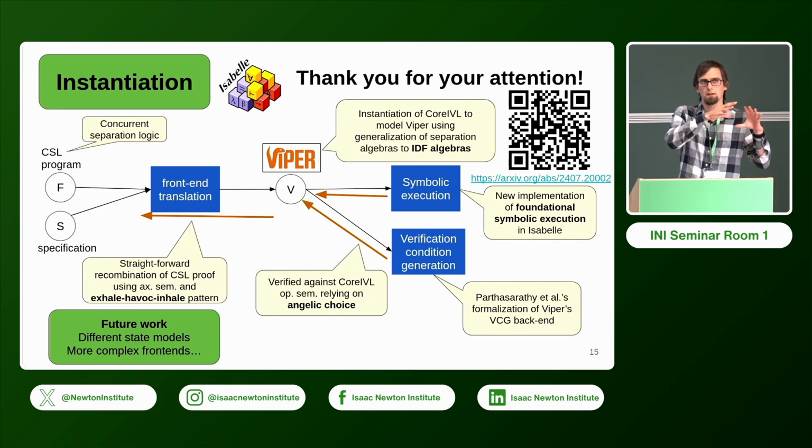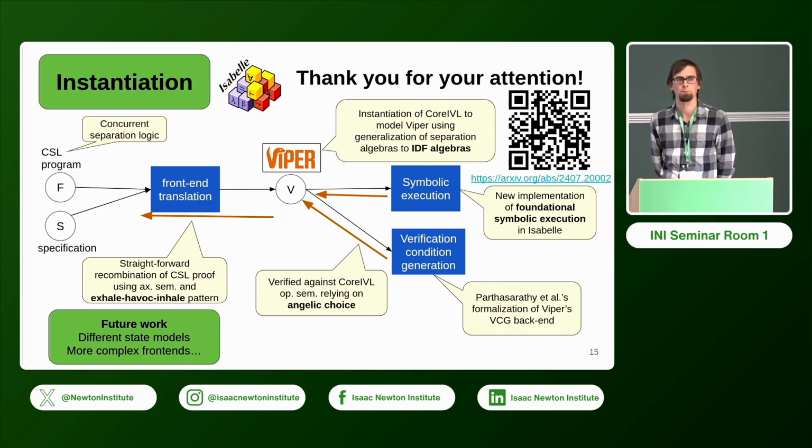If you would like to encode reasoning about unsafe Rust code, where you then want to encode something like the lifetime logic, this would be a lot more complex, because it would be unclear whether this notion of separation algebras would be expressive enough, and also because currently the front-end program logic must have the same notion of assertion as the core IVL. There's a student currently working on lifting this and making it more flexible, but this is something one would need there. And whenever one works with a large programming language and complex encoding, stuff gets more tricky. Yeah. Right.